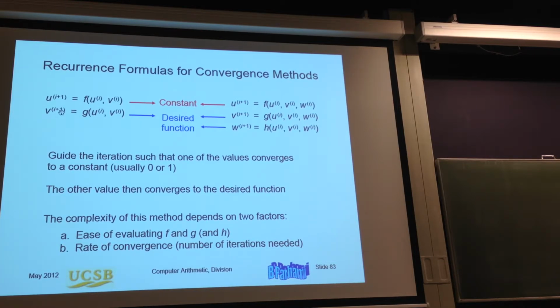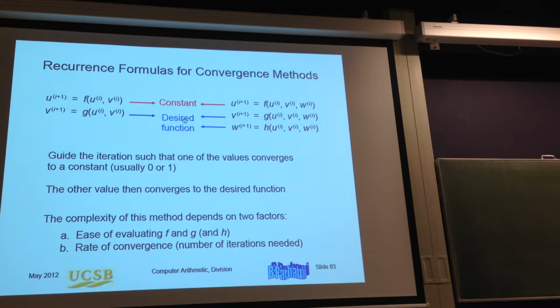I have the other function, which is my target function, which I also compute in an iterative way based on the previous values of the two functions, and that one will converge to whatever I want. And I can have not one, I can have more. Then I can do by this trick the evaluation of more functions.